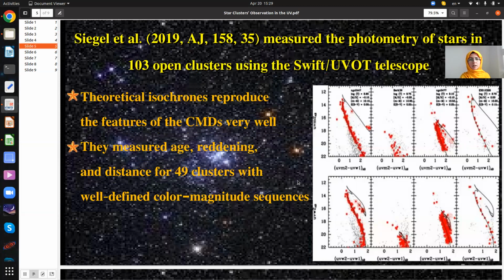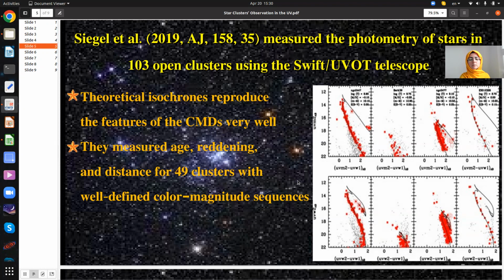Siegel et al. measured the photometry of stars in 103 open clusters using the Swift UVOT telescope. They analyzed 49 of these clusters using Gaia data release 2 and spectroscopic studies to separate member stars from the field, to study precise CMDs and compare them to theoretical isochrones.